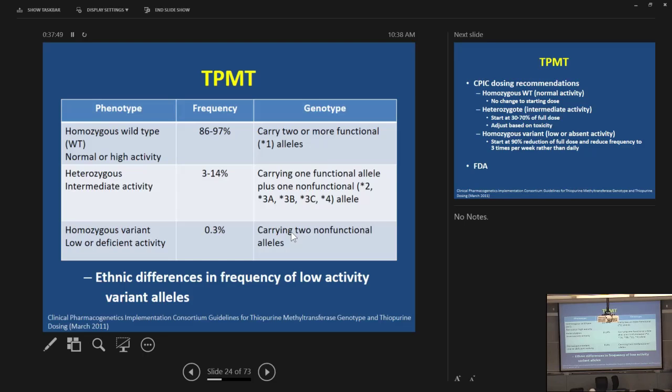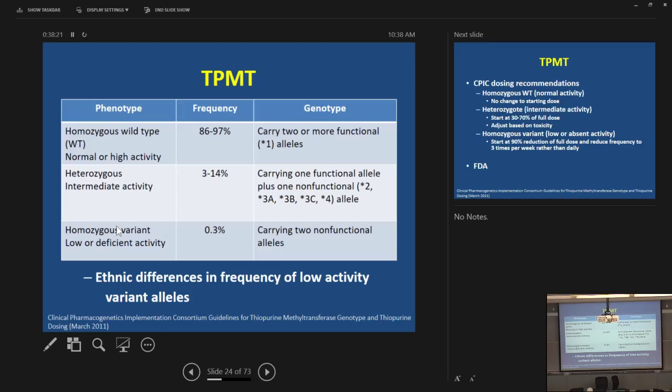All right. When we look at TPMT, we look at the percentage of people who have normal, fully functional enzymes doing what they're supposed to do. We see it's really the majority of us. Then people who are heterozygous or have intermediate activity, so people who carry one functional allele and one non-functional allele, are about maybe up to 15% of the population.